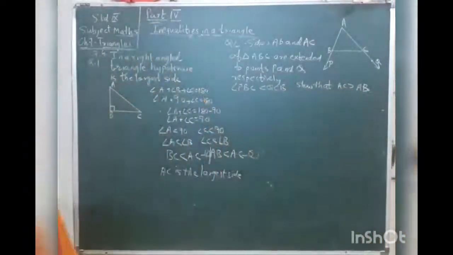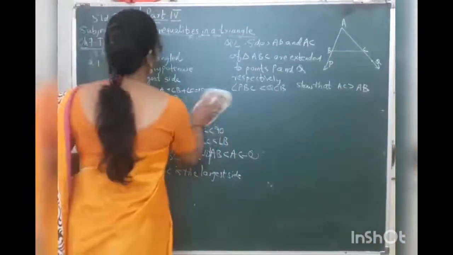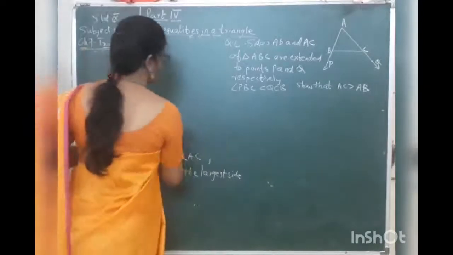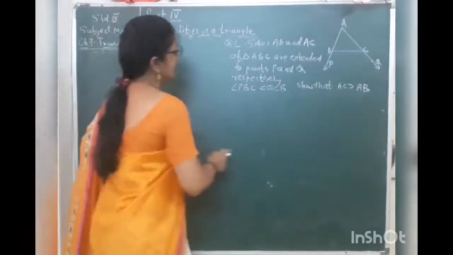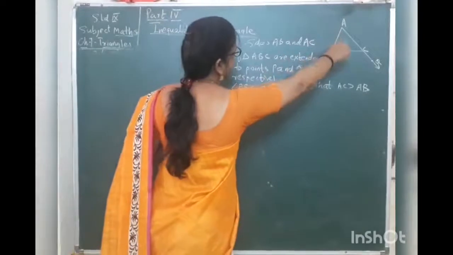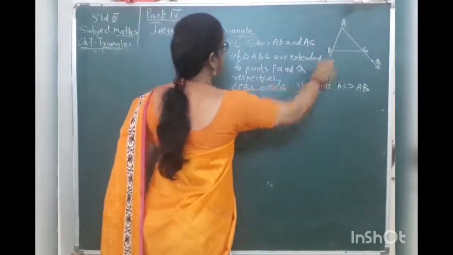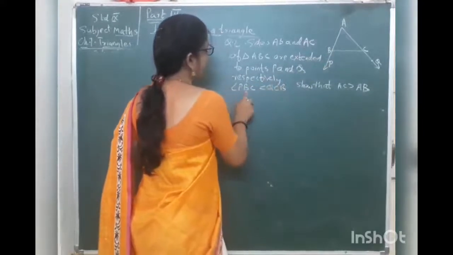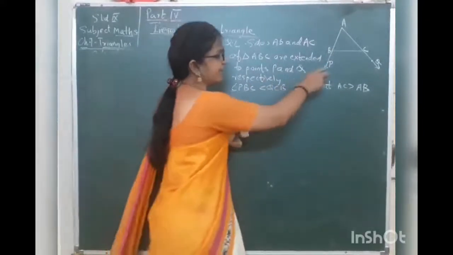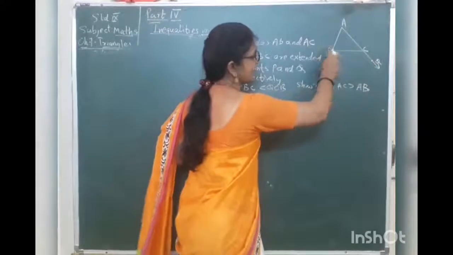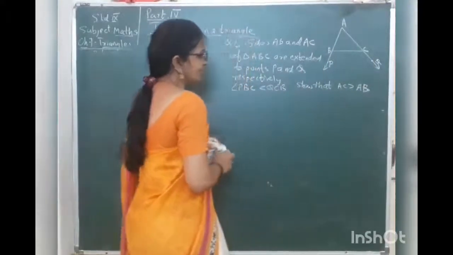Now we will see this. What is given? Sides AB and AC of triangle ABC are extended to points P and Q respectively. What is given? Angle PBC is less than angle QCB. Now, what can we do?